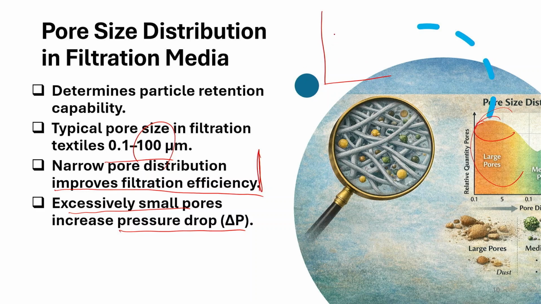This is the relative pore size. If it is distributed like this, then there will be a problem. And if we distribute in this way, where the difference between the number of large pores and smaller pores, the relative quantity, is very high, then the filtration efficiency will drop.